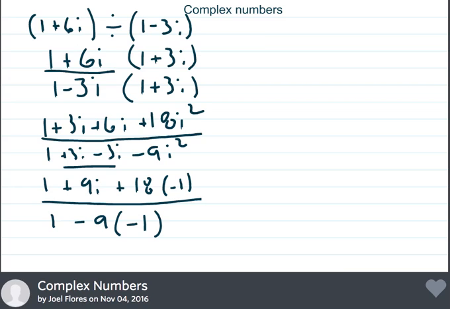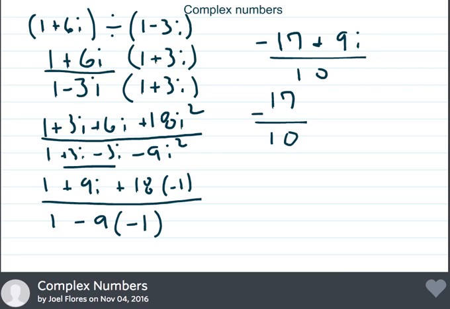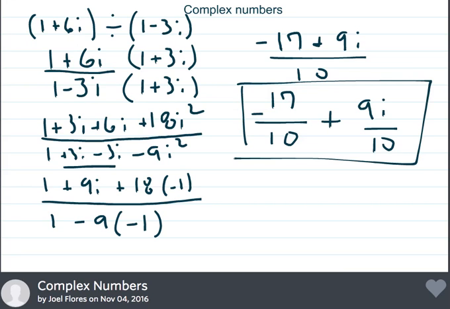And that will leave us with negative 17 plus 9i over 10. And since we have to put our answer in standard form, it'll be negative 17 tenths plus 9i over 10. And there's one more example of how to divide complex numbers.